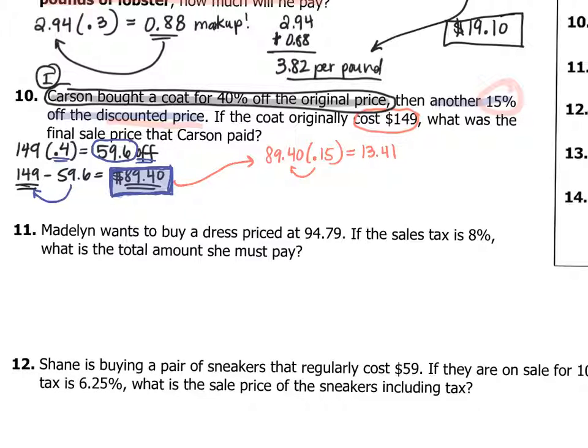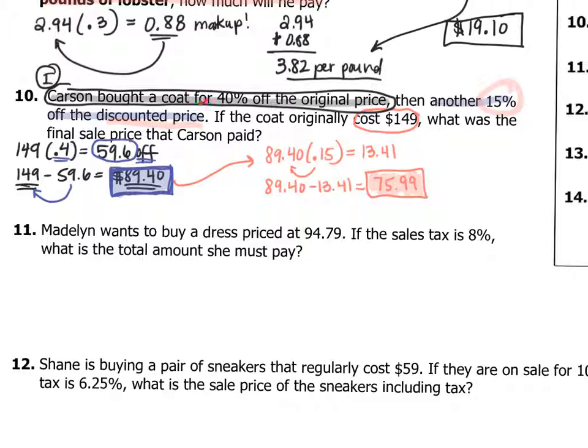So let's take off that 15%. I'm using my calculator for all this computation. So 89.4 minus 13.41, that's $75.99.